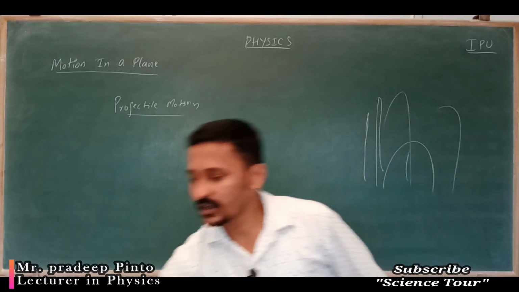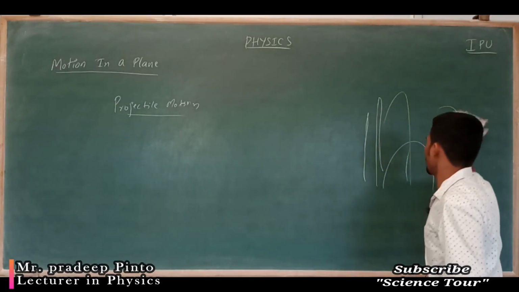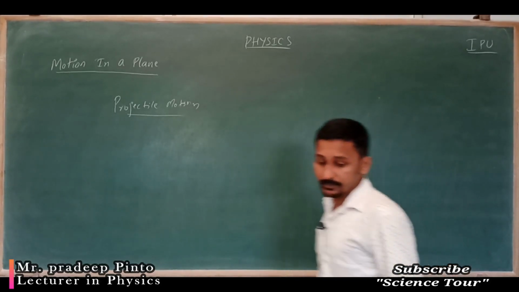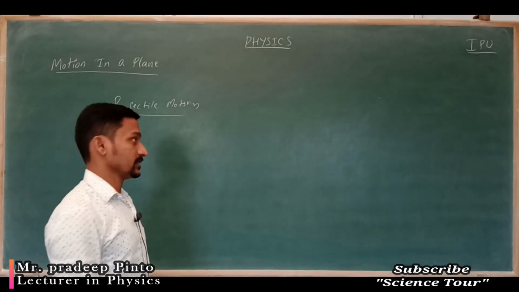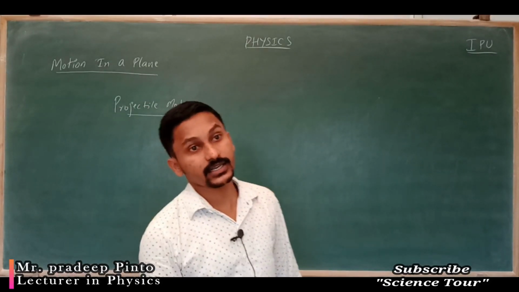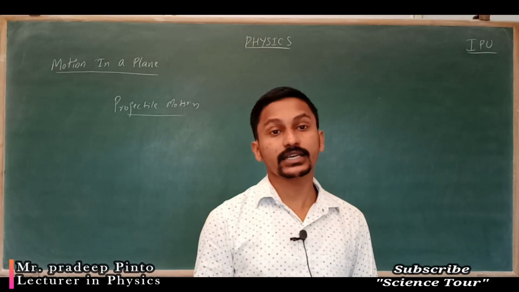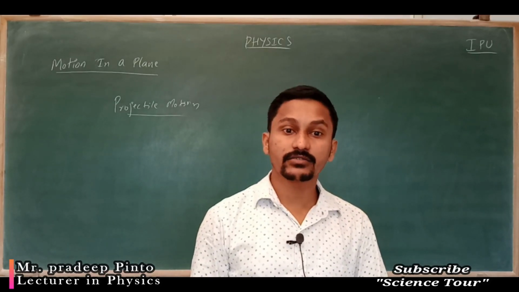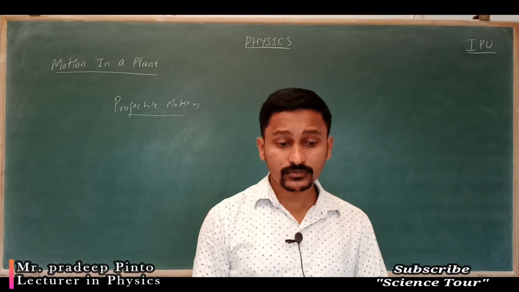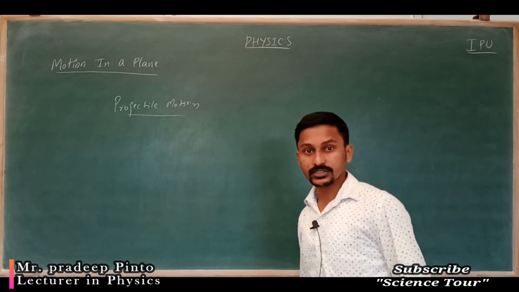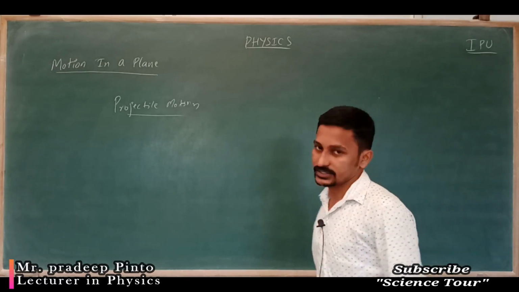After that we studied the maximum height, h, then the time taken to reach maximum height, and after that the total flight time. These are all the things we have studied.